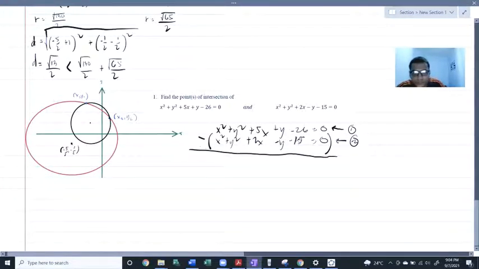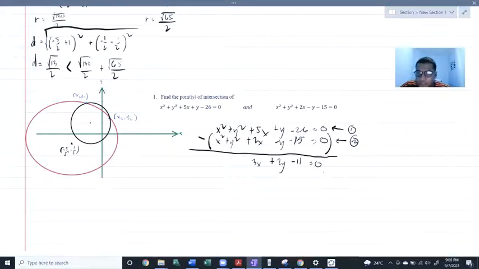Now, this will be cancelled out. This becomes 3x. This becomes 2y. And how much is this? Negative 11 equals 0. So we have our equation 3. What do we call this equation? This is actually an equation of the line. How do we interpret this?